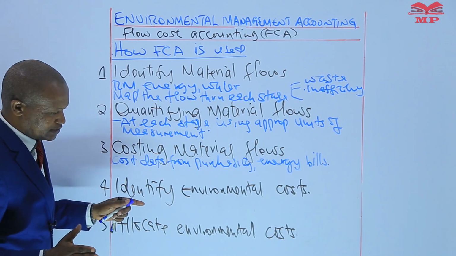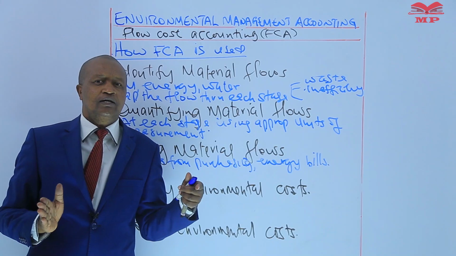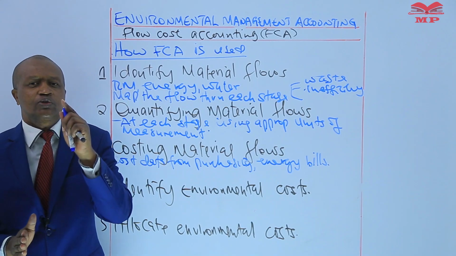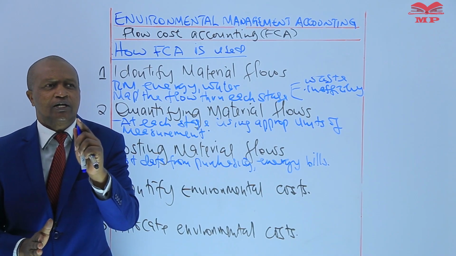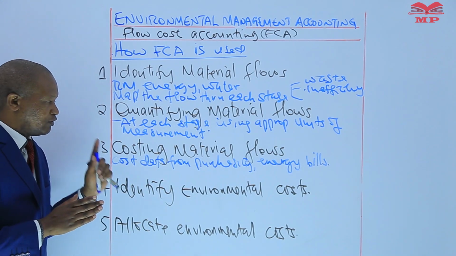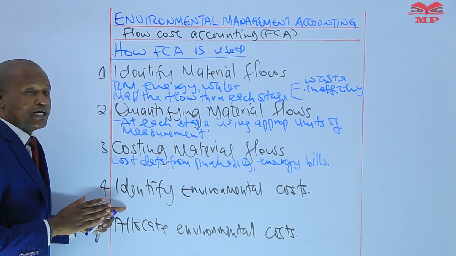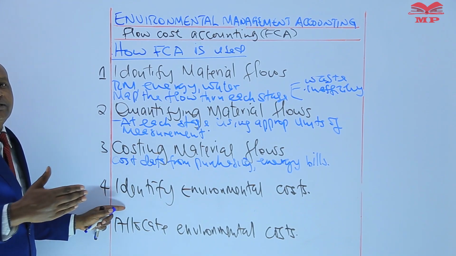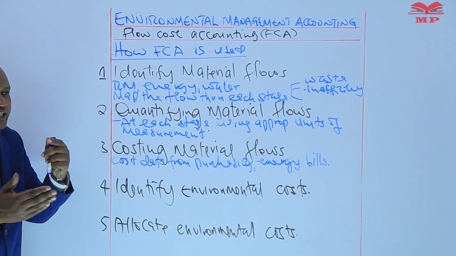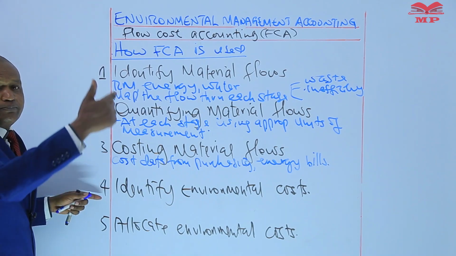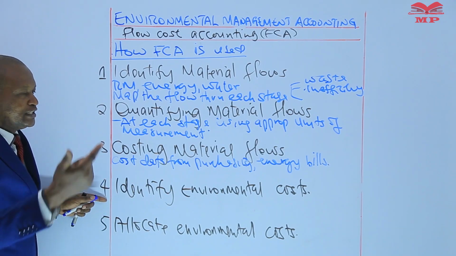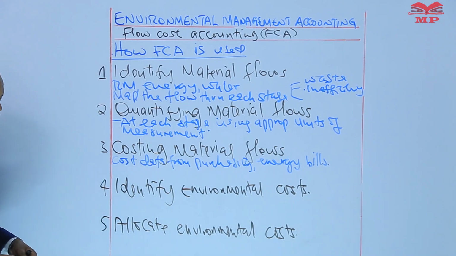And by so doing, candidates, that will help to prioritize the areas for improvement. That can also help identify opportunities for cost reduction, because the accountant will be able to find out the areas that generate the highest environmental cost. So there is that priority. All right? Prioritizing areas for improvement and identifying opportunities for a reduction in costs.